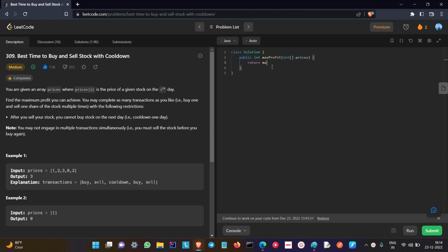We'll return maximum profit with index 0, prices and false. So we haven't bought any stock now, so we're passing false here.